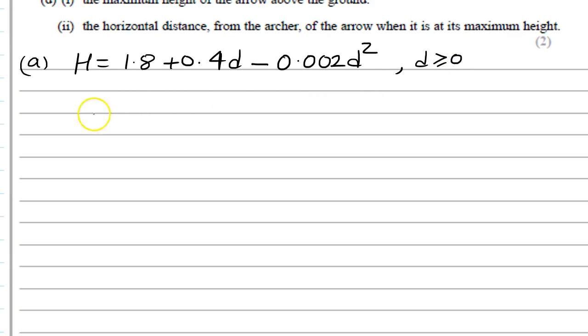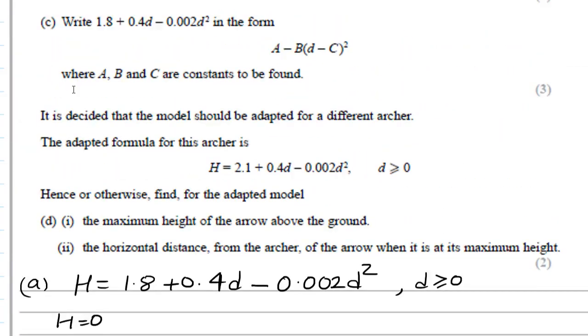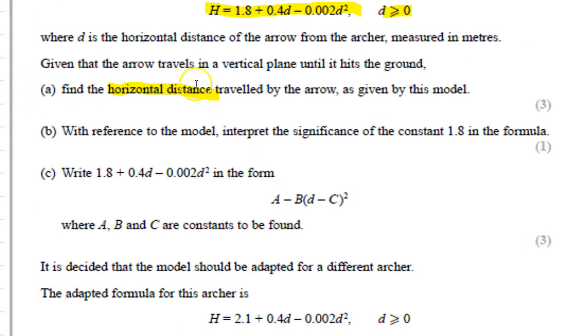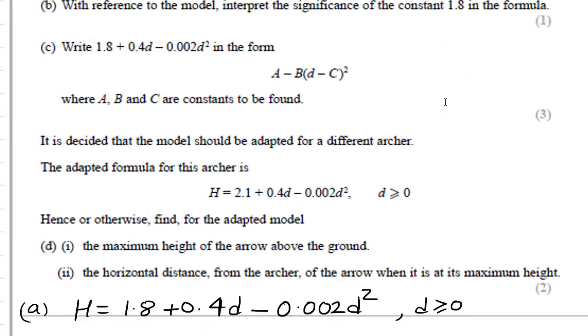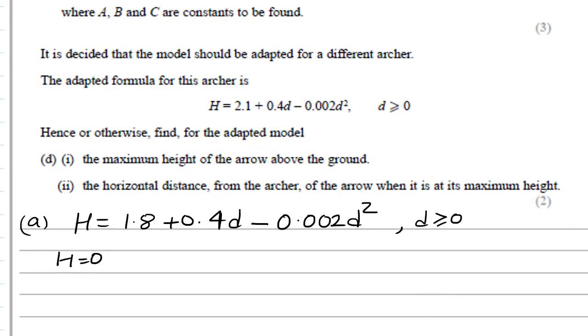So let's put maximum height here. At maximum height, h will be 0. Find the horizontal distance traveled by the arrow as given by this model. So when the arrow is coming down on the floor, then height will be equal to 0. It's not maximum height, sorry about that. So height will be equal to 0.